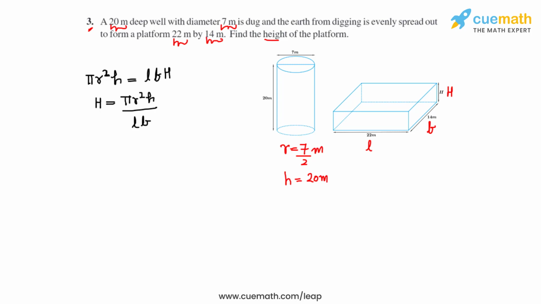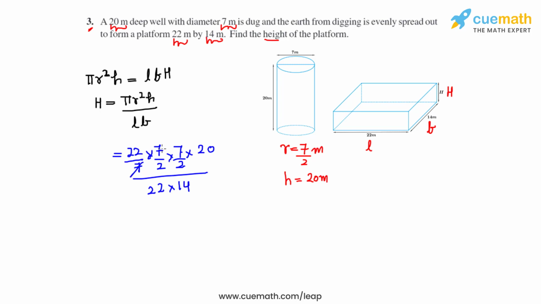Now let's substitute the values that we know. We write it as 22 by 7 times 7 by 2 times 7 by 2. The depth of the well is 20. This whole is divided by 22 times 14.